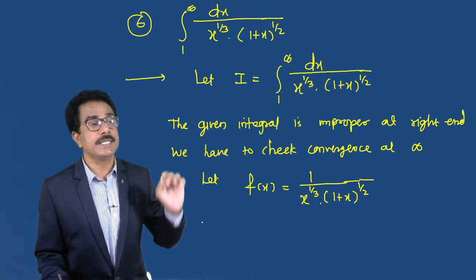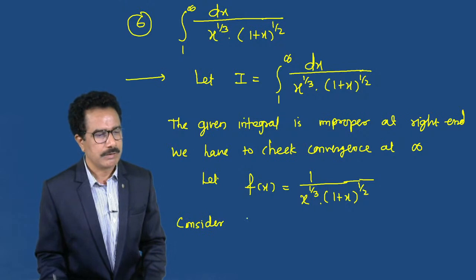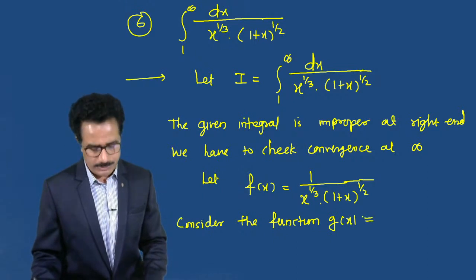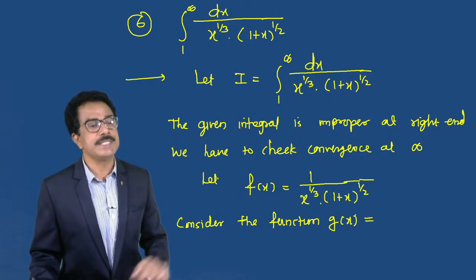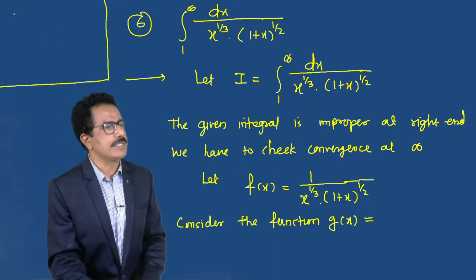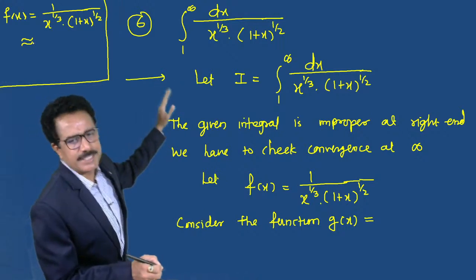Now, consider the function g of x, another function which has the same behavior as f of x, which is 1 upon x raised to 1 by 3 into 1 plus x raised to 1 by 2. Now, we shall take the same comparison like this.